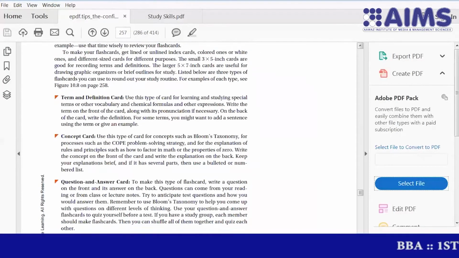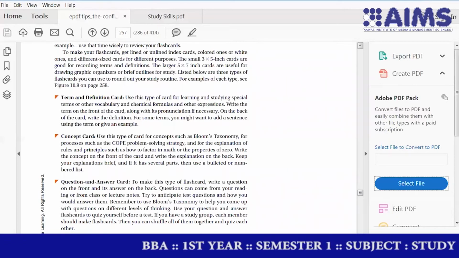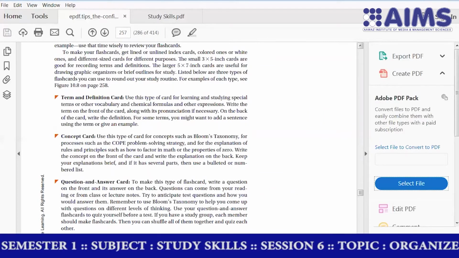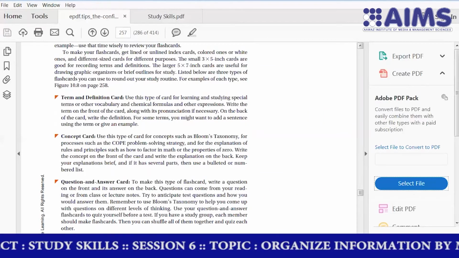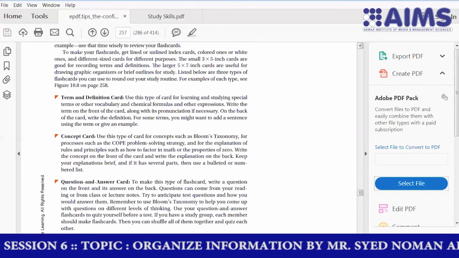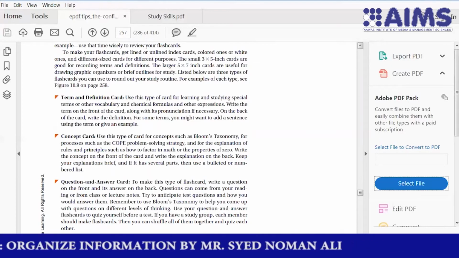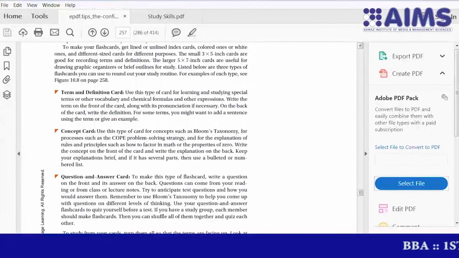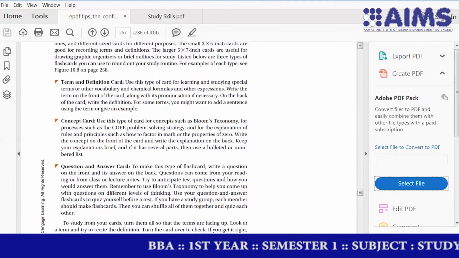You will also make question-answer flashcards, where you write a question on the front and the answer on the back side. Keep in mind, you will ask a question by yourself, and then review by checking the answer. So this flashcard technique is very important to retain, recall, and review all the content.